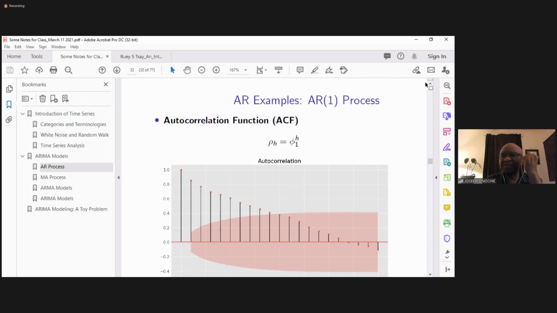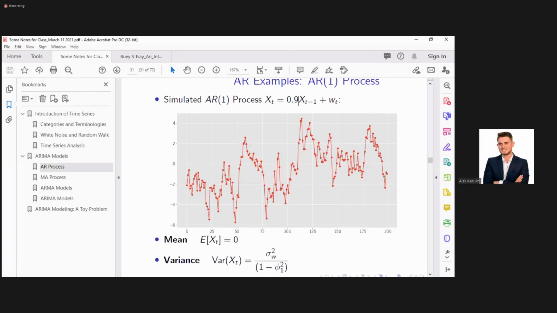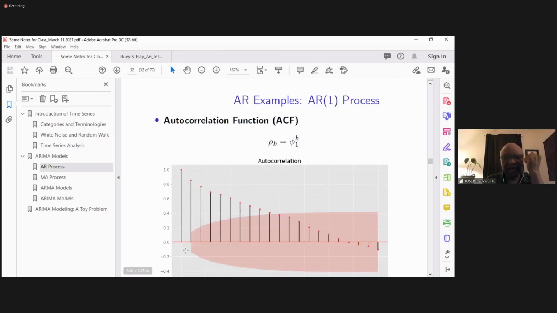So for this process, the coefficient is 0.9, yes? So at lag 0, it will be 0.9 to the power of 0. What is any number to the power of 0? 1. It's 1.